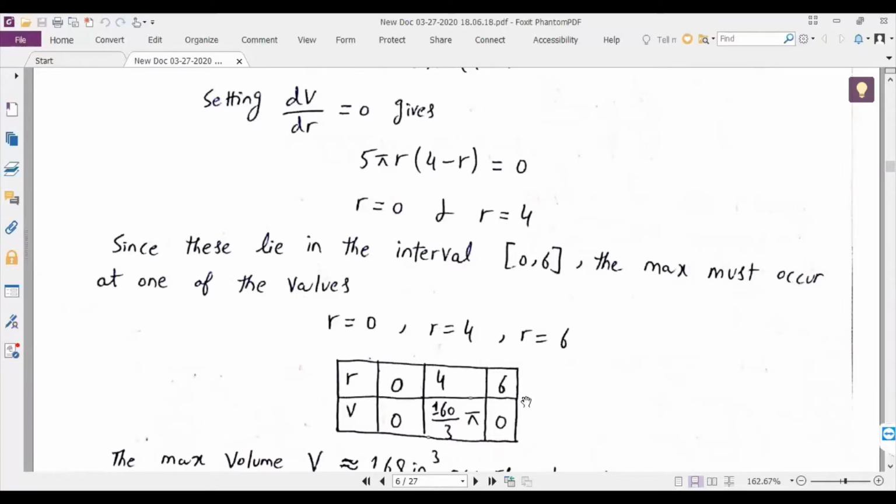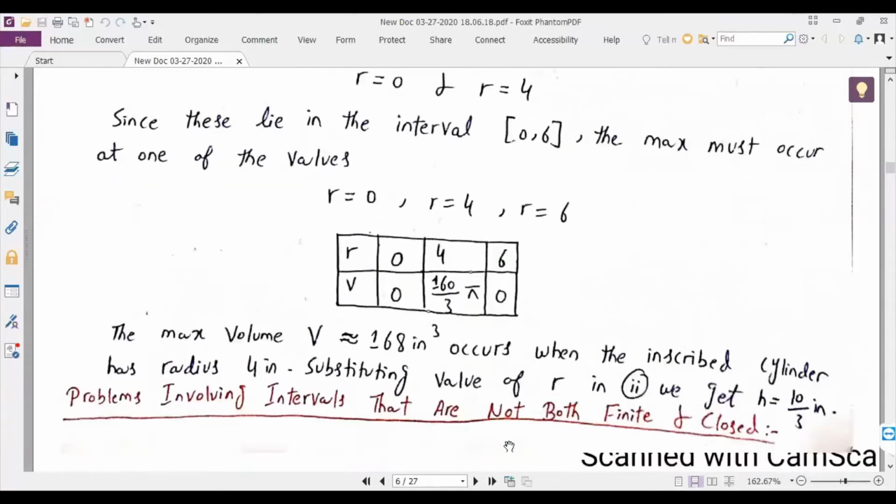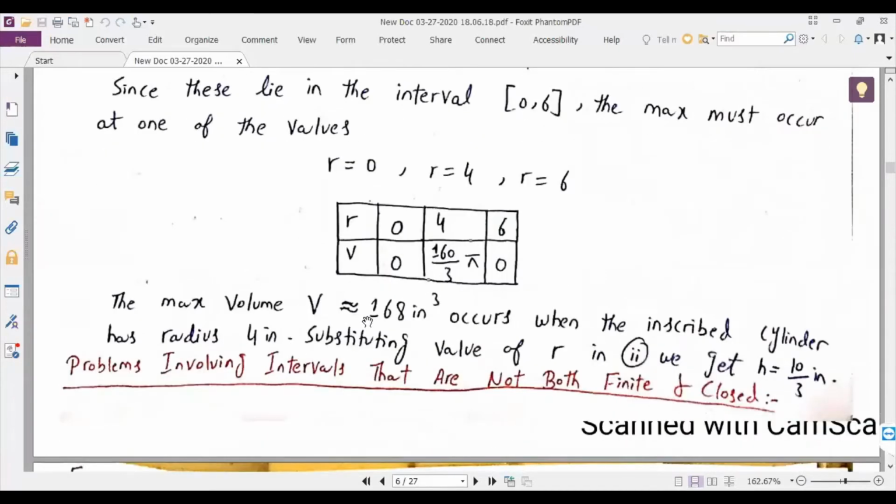Substituting the values of R in the volume expression, we get these values. So the maximum volume V is approximately 168 cubic inches, which occurs when the inscribed cylinder has radius 4 inches. Substituting the value of radius in equation 2, we get H equals 10 by 3 inches.